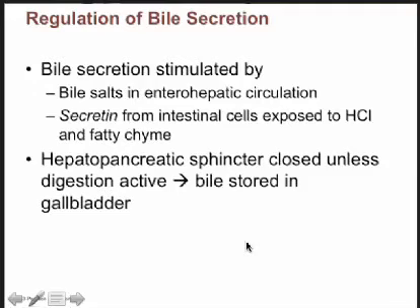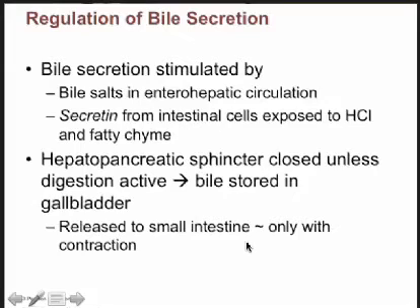So it remains closed unless digestion is active. The bile stored in the gallbladder is going to be part of the secretions that enter the duodenum just prior to the chyme entering the duodenum.